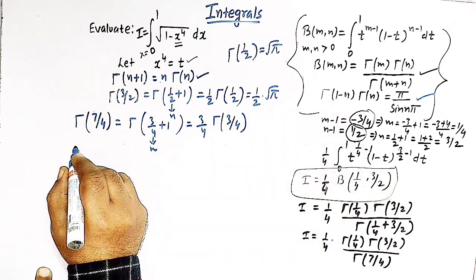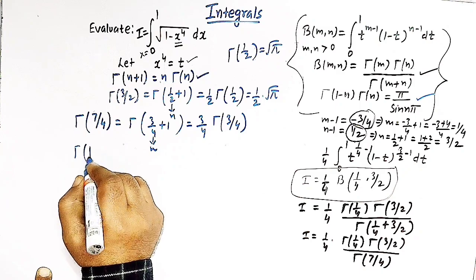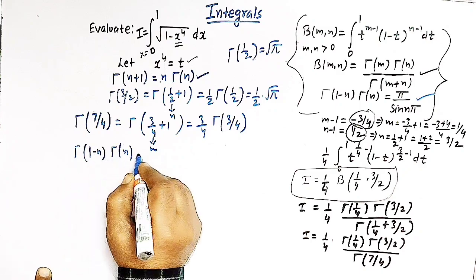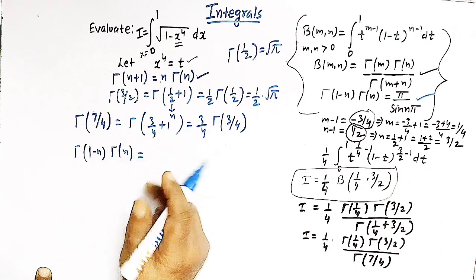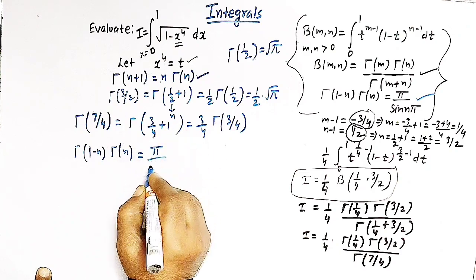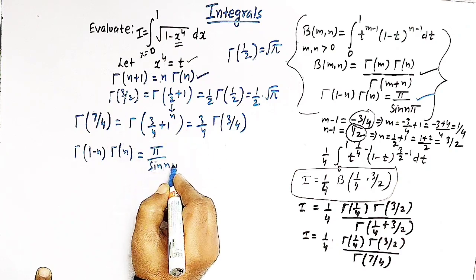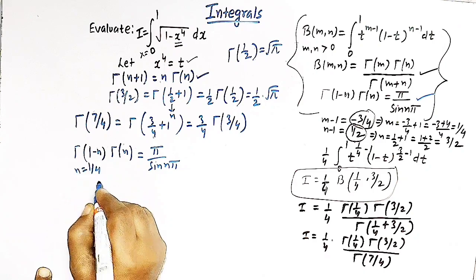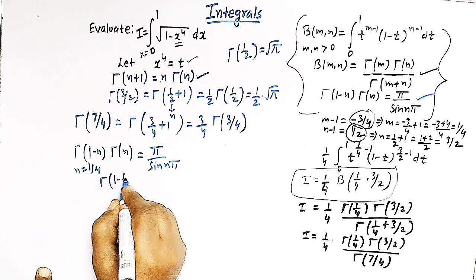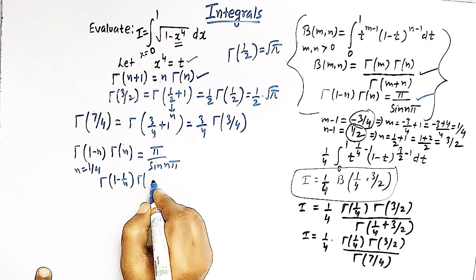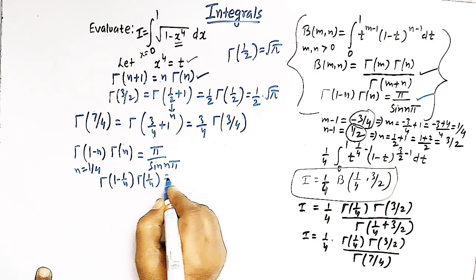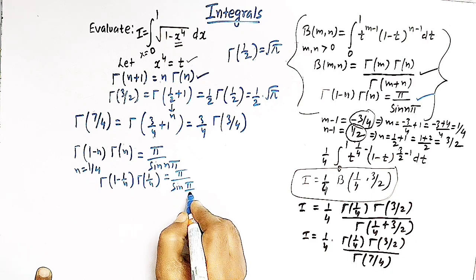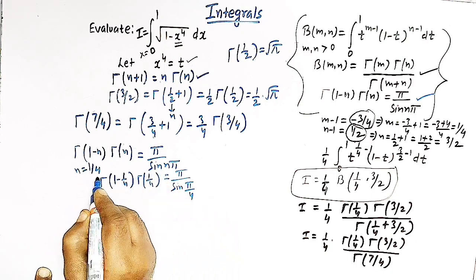So the Euler's reflection formula is gamma 1 minus n, gamma n is equal to pi over sine n pi. So let us substitute here for n 1 over 4. So gamma 1 minus 1 over 4, then we have gamma 1 over 4, then we have pi divided by sine pi over 4, because n is 1 over 4.